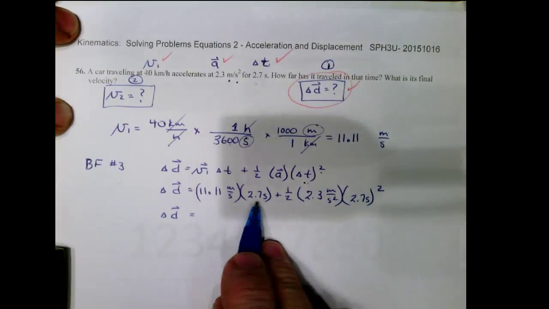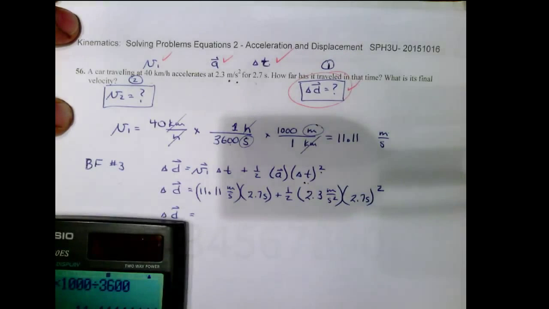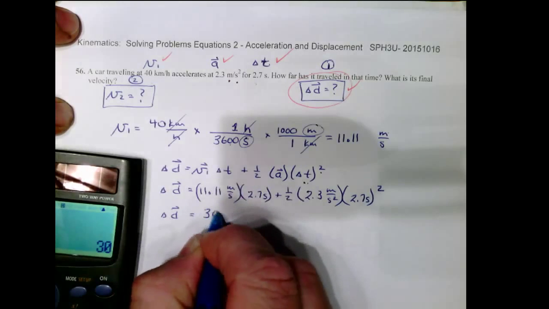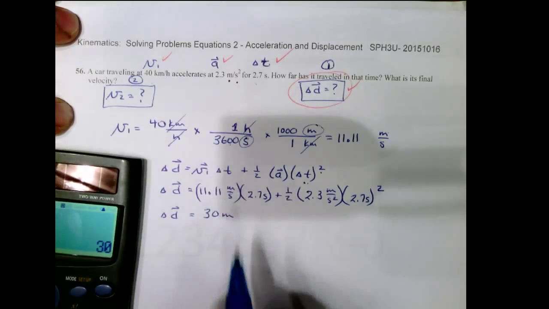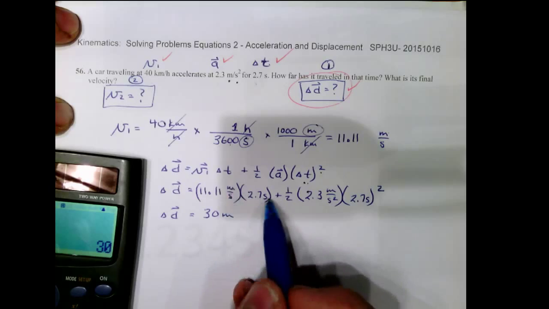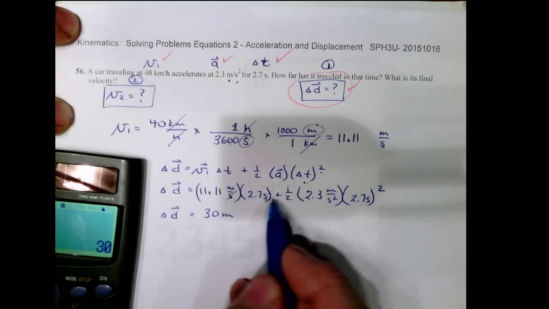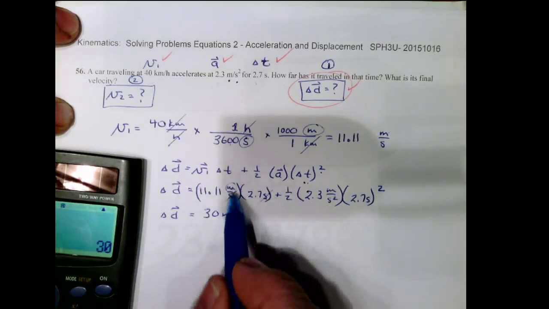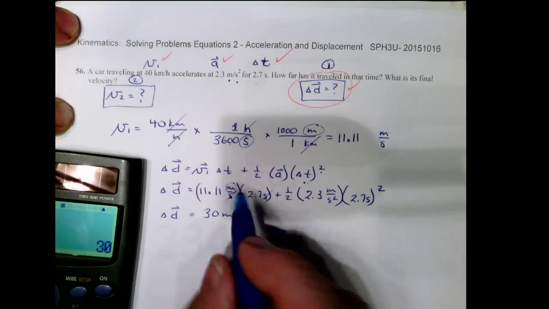So 11.11 times 2.7. I still have the 11.11 in my calculator, so I'll just multiply by 2.7. And that's basically 30 meters. Now, how do I know it's meters? Because I have meters per second times seconds, so the seconds cancel out, which is good. It shows I did it in the right order, because I'm left with the desired unit of meters, which is a unit of displacement.